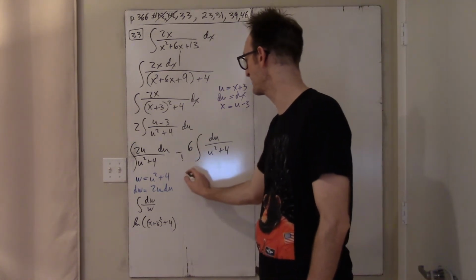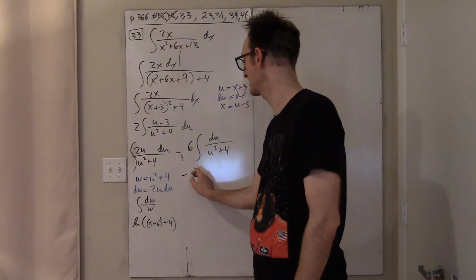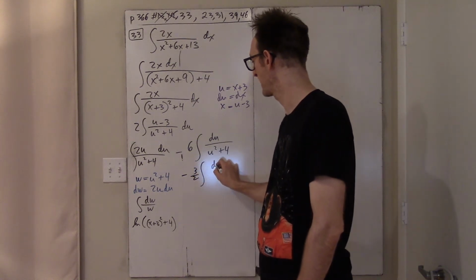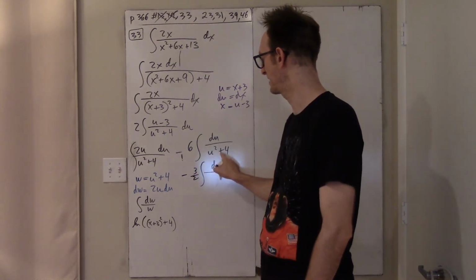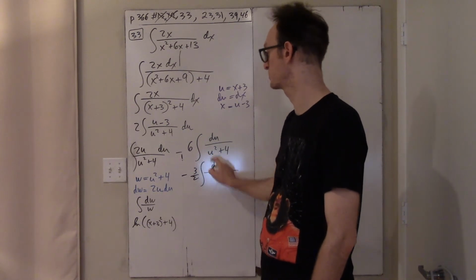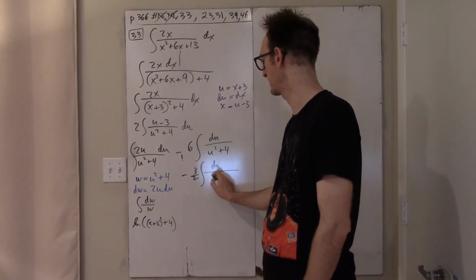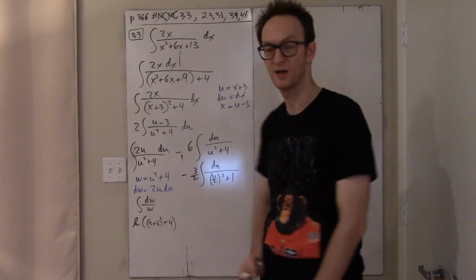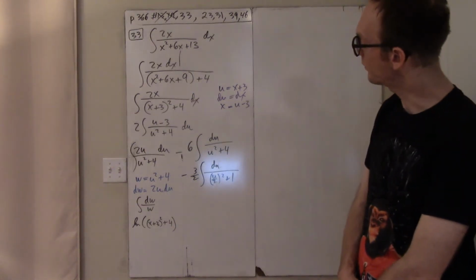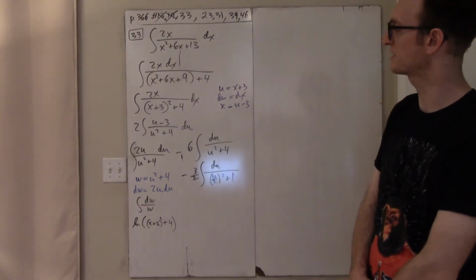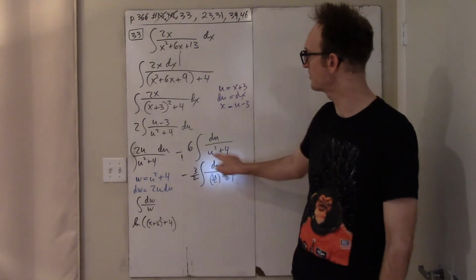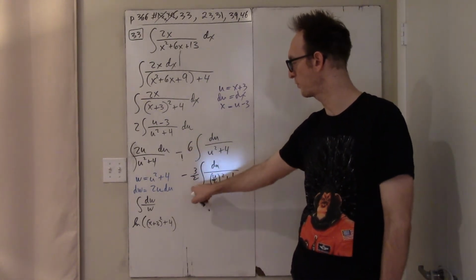And then this antiderivative can be done with arctan. So you factor out that 4, so this becomes minus 3 halves, and then you get the du, and you factor out 4, so it's u squared over 4, so it's really like (u over 2) squared. I'm doing the thing I tell people never to do, which is try to do all the algebra in your head, but I just did this exact problem 5 minutes ago. You factor 4 out, it becomes 6 over 4.